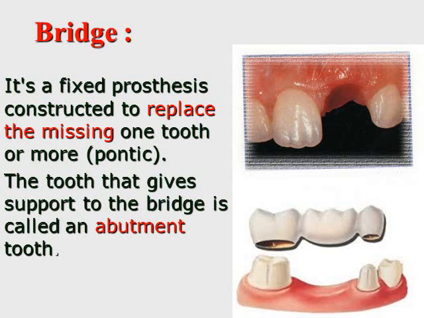The tooth or teeth which are going to support the bridge, we call the abutment tooth. So here we are going to use the natural teeth to fix this big restoration, which we call a bridge, and which may be composed of many parts or many teeth included in the bridge.